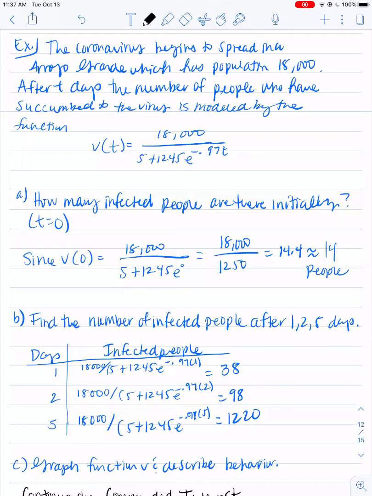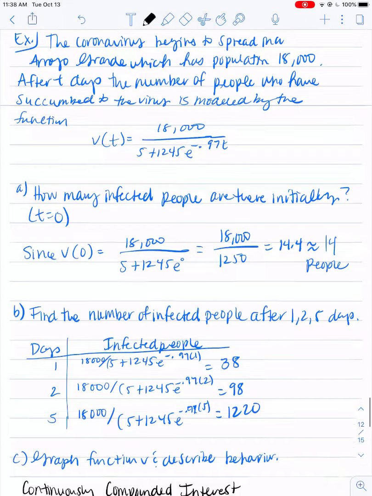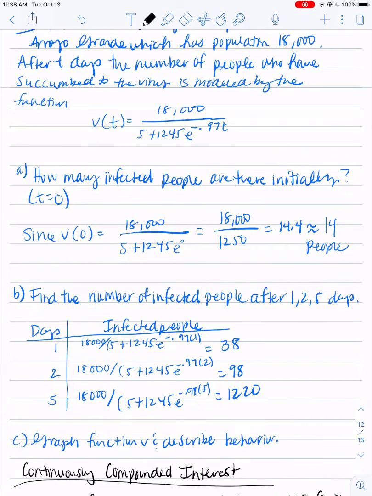For A, we want to find how many infected people there are initially. So our t would be 0 because no time has passed. We're trying to find the initial amount. So I would get 18,000 / (5 + 1,245e^0). You can calculate this on Desmos, and we would get 14 people, because we're going to round down since we can't have 0.4 of a person.